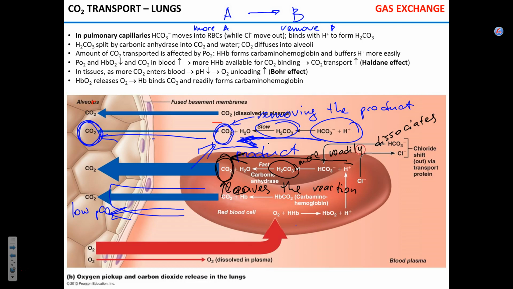Meaning that bicarbonate and hydrogen ion are more readily reacting to form carbonic acid. Does that make sense? Meaning that this reaction requires more hydrogen, which dissociates from hemoglobin that buffered it, making hemoglobin available for oxygen binding.